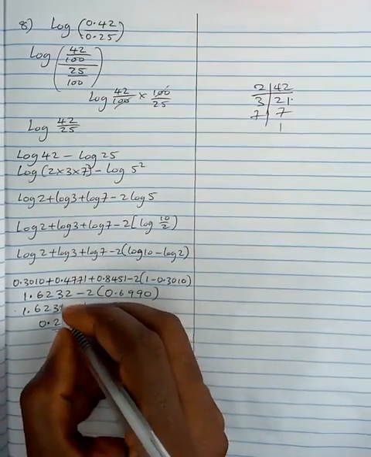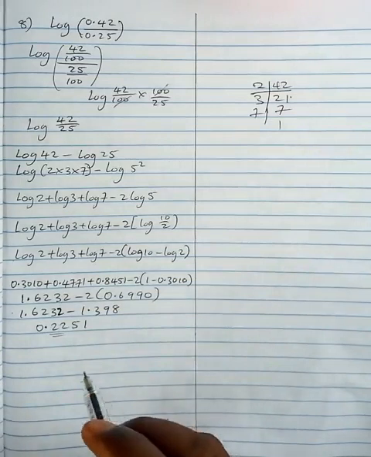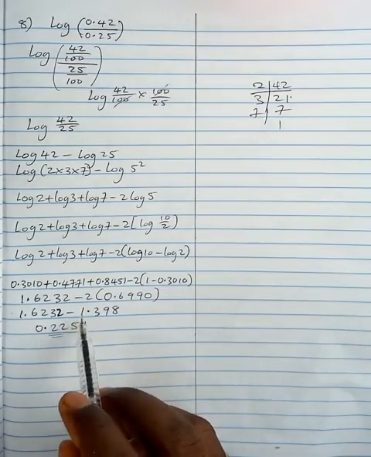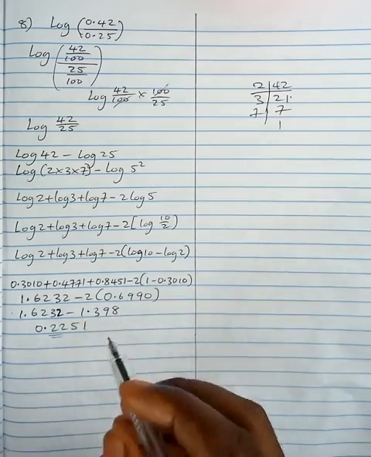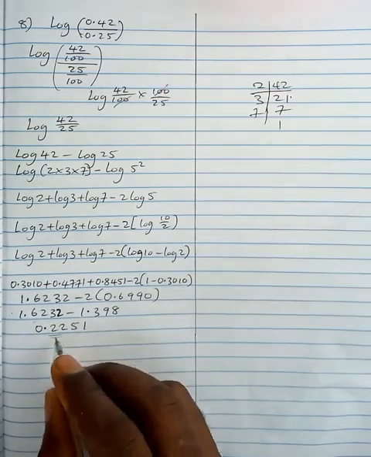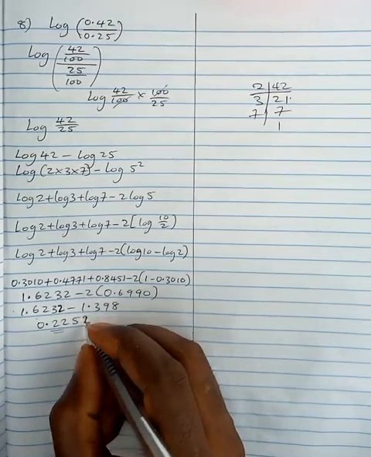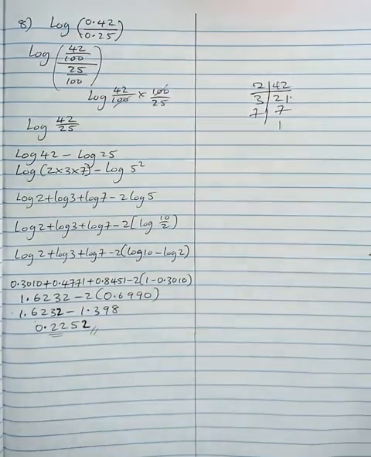Sorry, this is supposed to be 2. So this minus 2 times this will give me this, and then this minus this will give me 0.2252. Okay, that's it for this tutorial.